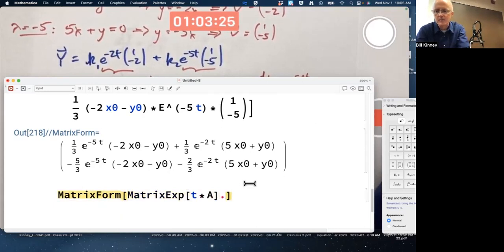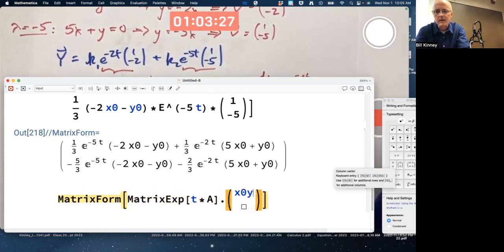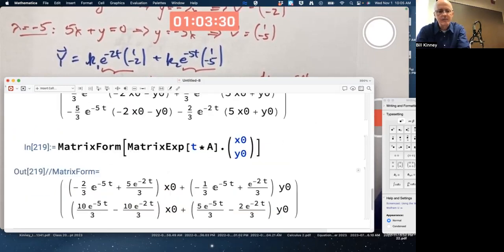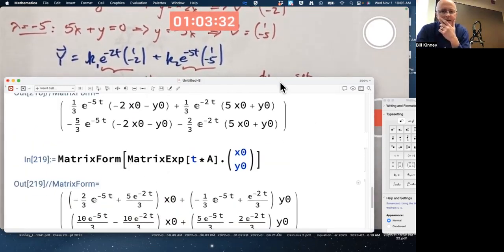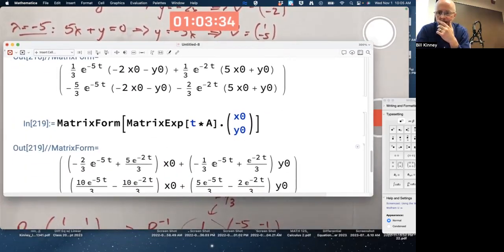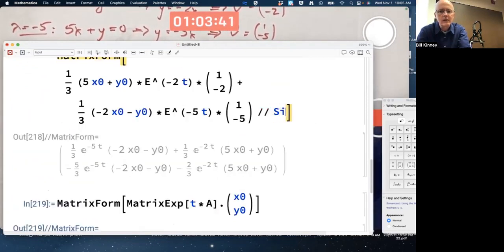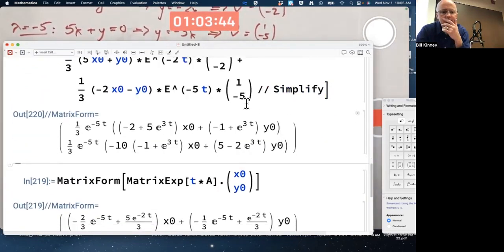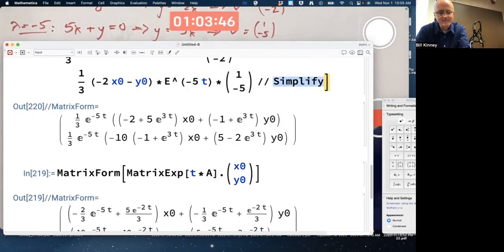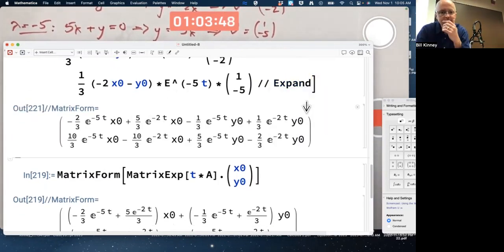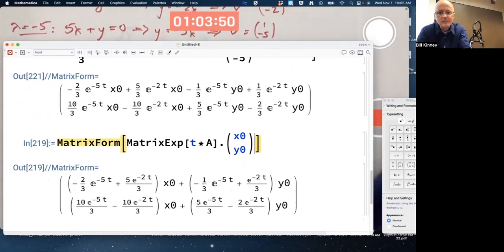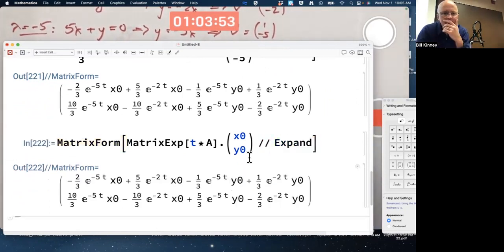And multiply it times an arbitrary initial condition vector. Initially doesn't look the same, but should be the same. Yeah, looks good. Right, those are the exact same thing.